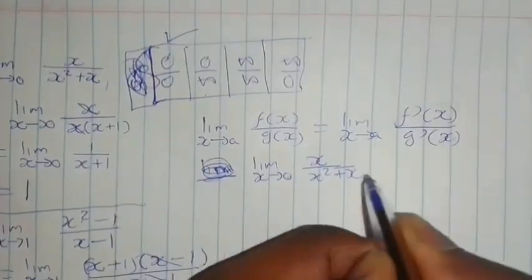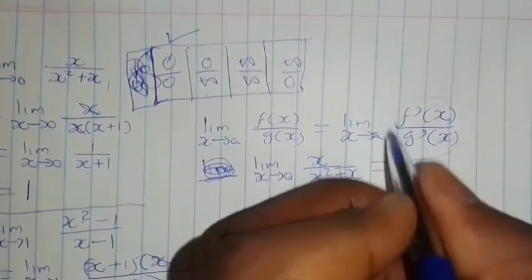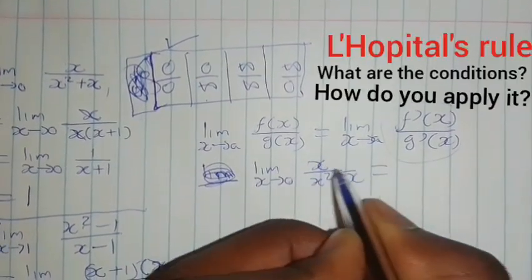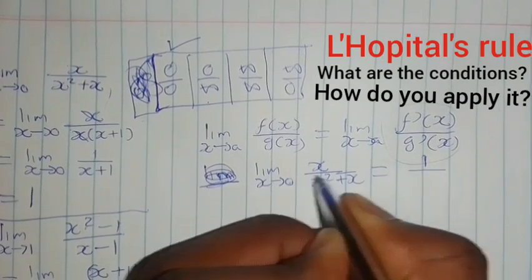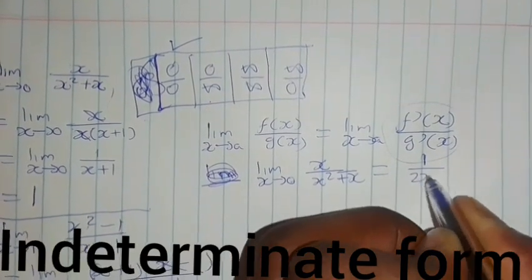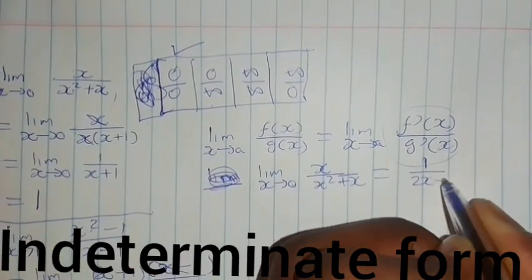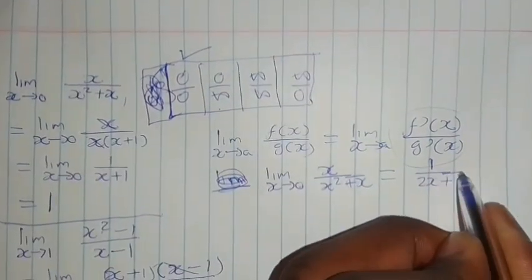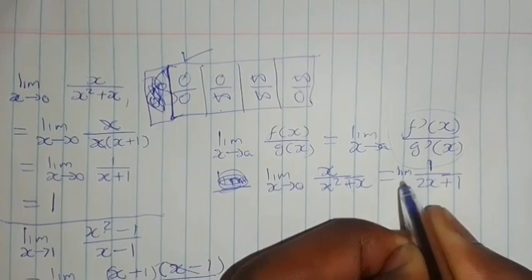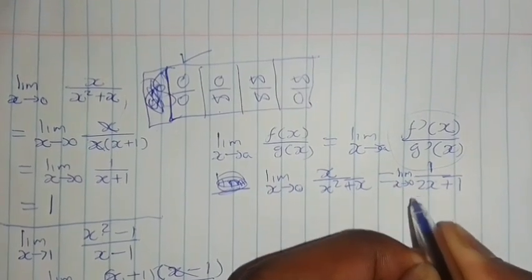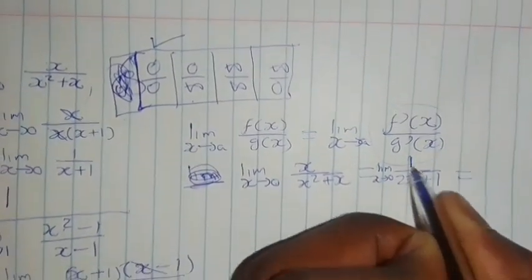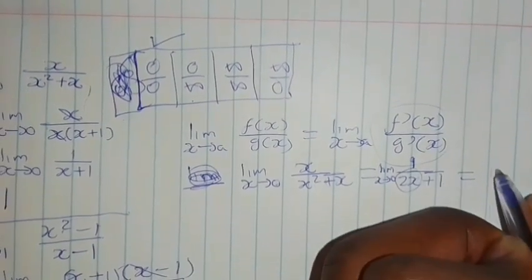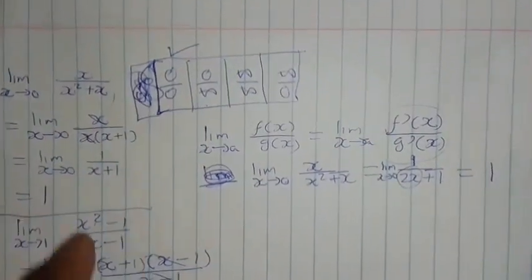That means the solution will have to apply this and just derive. The derivative of x is 1, and the derivative of x squared plus x is 2x plus 1. So that's the same as the limit when x goes to 0 of that. When x goes to 0, this will be 0, and you'll have 1 divided by 1, which is just 1, which is what we got here.